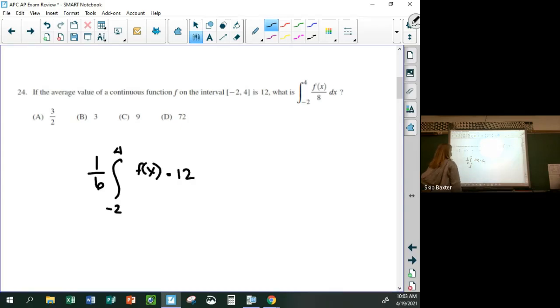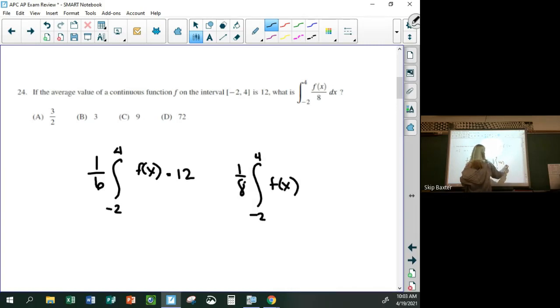Then the other one is 1/8. You just take the 1/8 out front because it's a constant, and multiply 12 times 6, which is 72. So 1/8 of 72 is 9. So that's just 9. Okay, that makes sense.